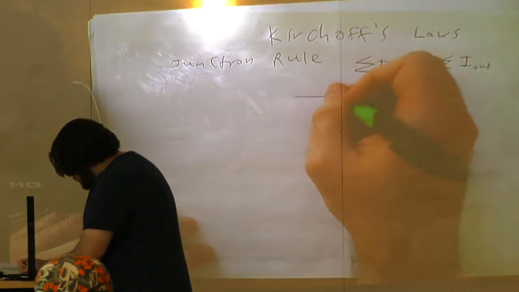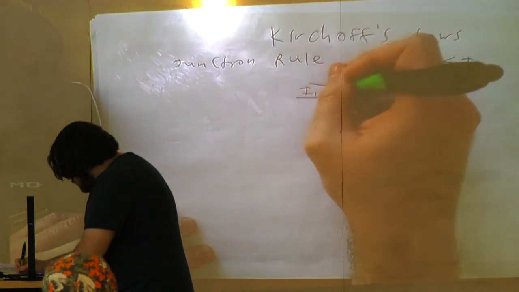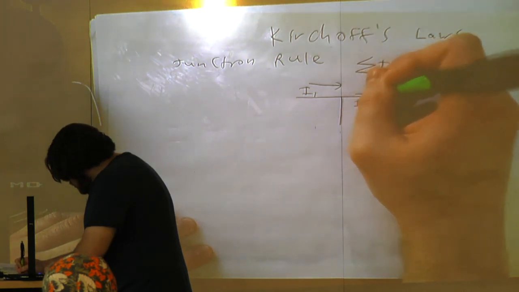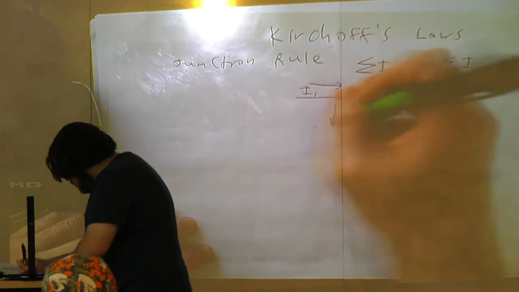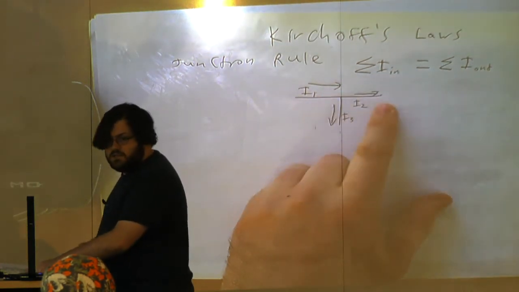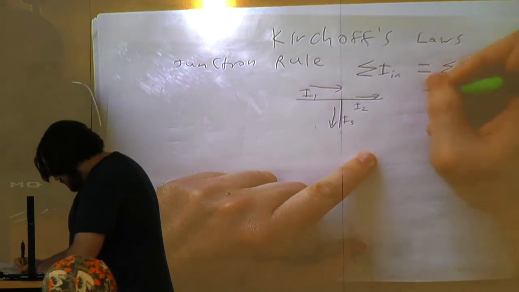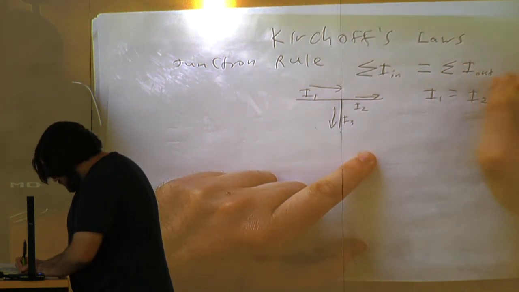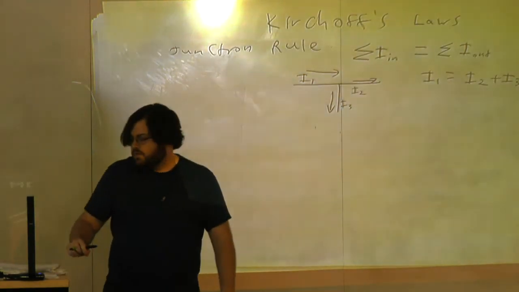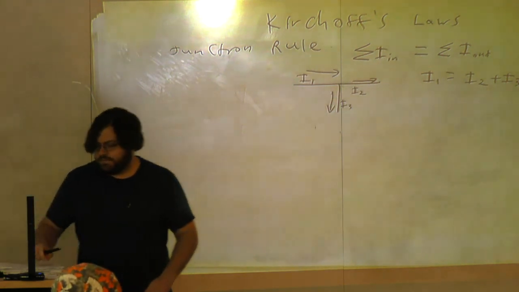It looks like this. So I1 is going into the junction. I2 and I3 are going out. That means that I1 equals I2 plus I3. Not very difficult math. More important is that you know how to use it and when.